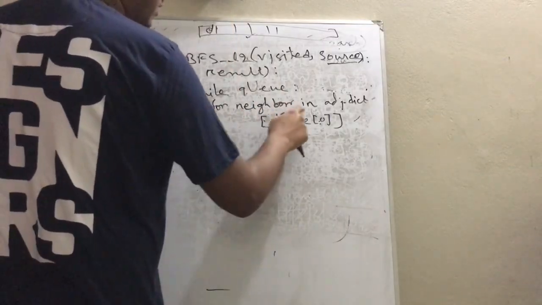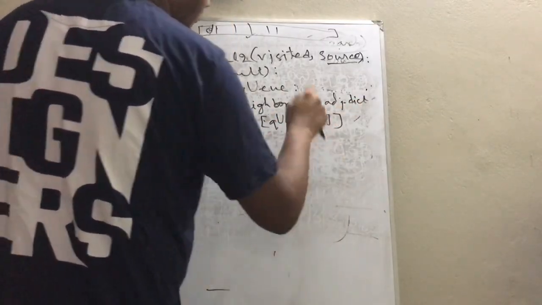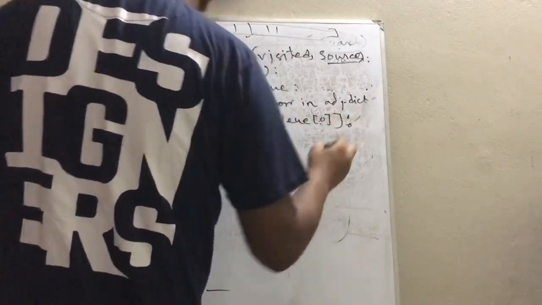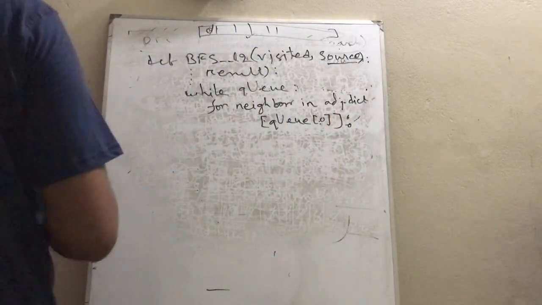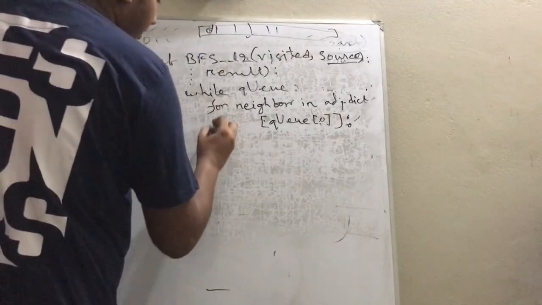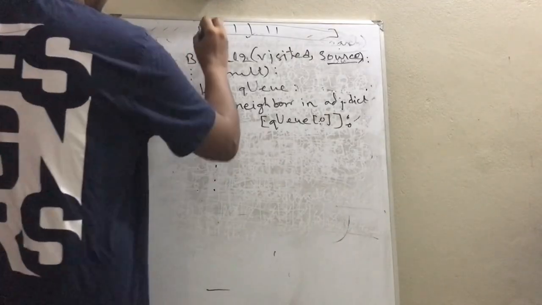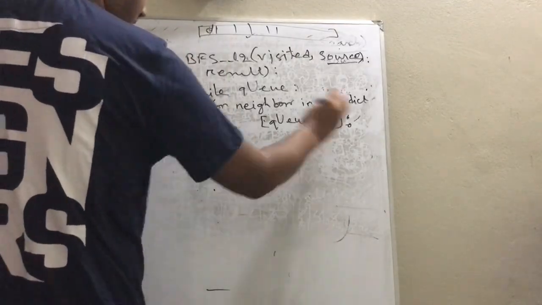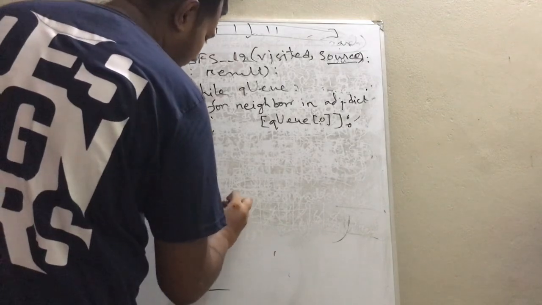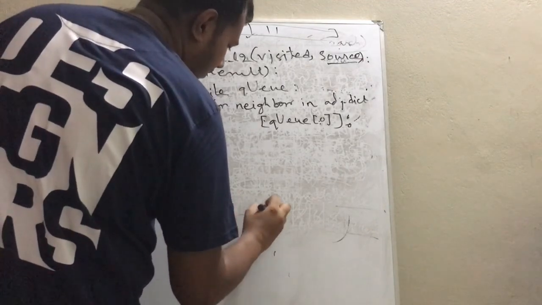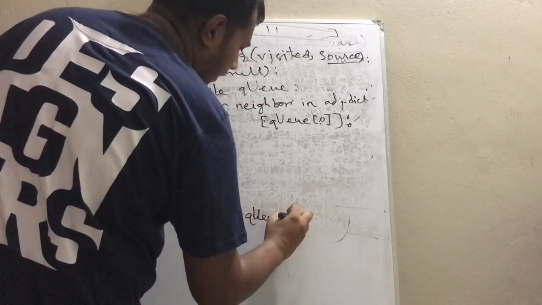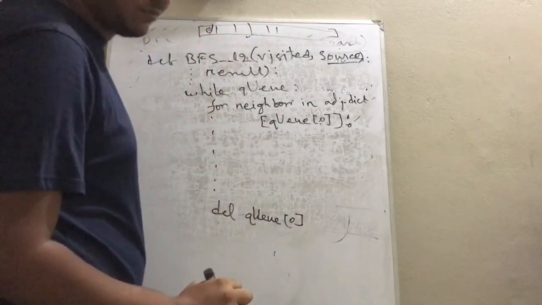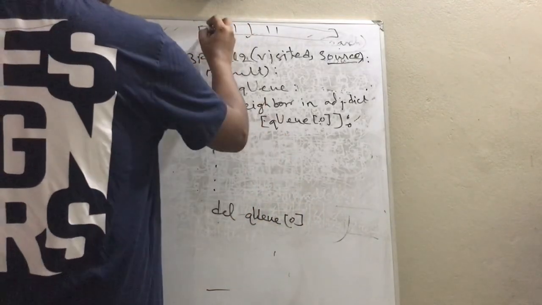So for neighbor in adjacency dictionary Q0, and there is some code, and after handling all the neighbors we delete Q0. So this element is deleted.